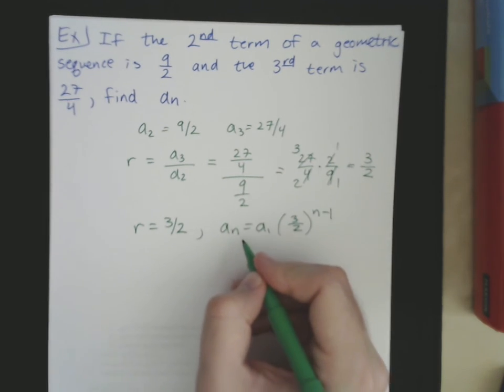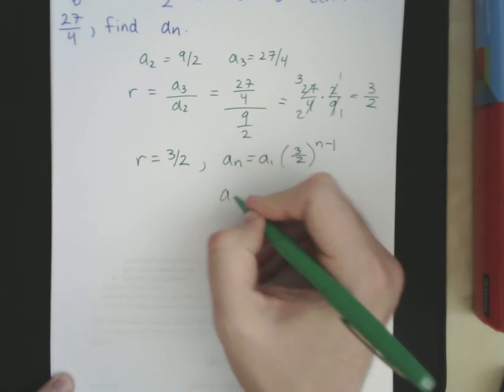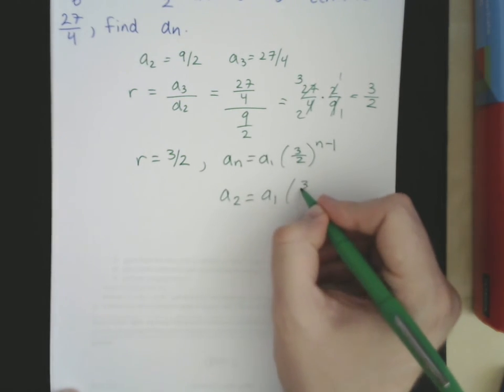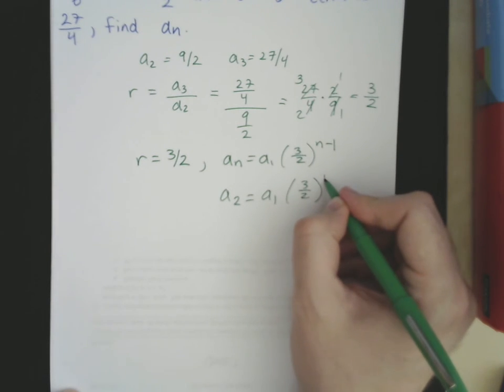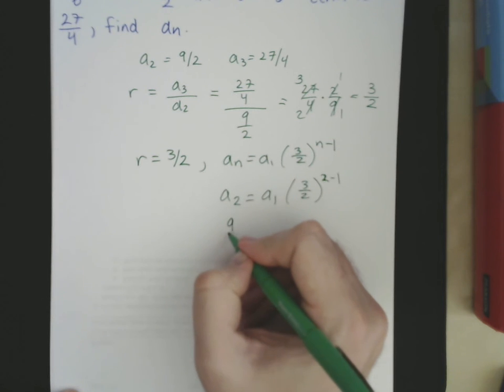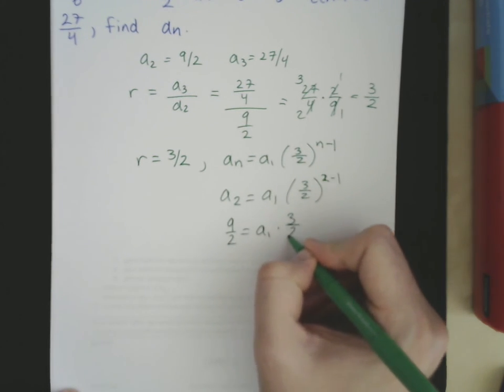And this has to be true for all of our terms, including a2 and a3. So a2 has got to be a1 times 3 over 2 to the 2 minus 1. a2 is 9 halves. So 9 halves has got to equal a1 times 3 over 2.